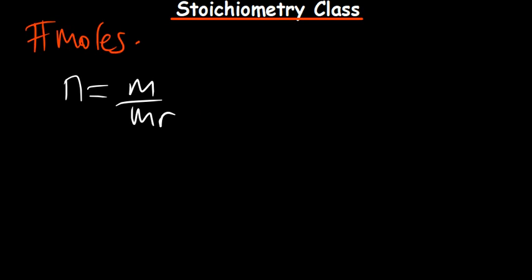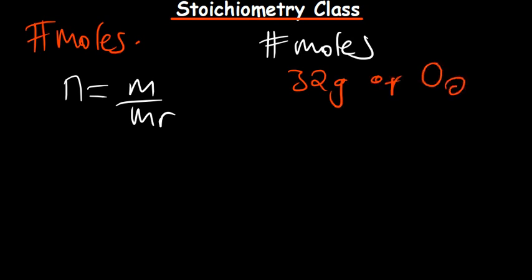Okay? So how are we going to be answering the questions? That's what I want us to basically look at. So let's say you're asked to determine the number of moles in, let's say, 32 grams of oxygen, for example.